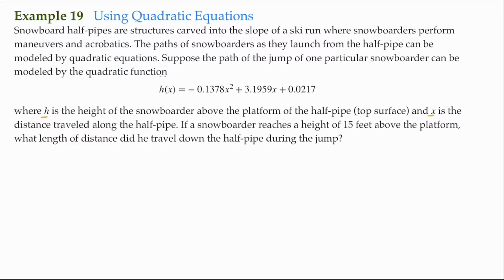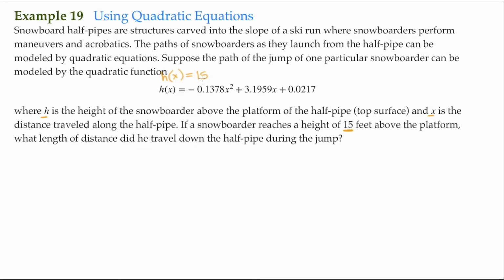So here we also have the height h of x is equal to 15 feet. At a certain length along the half pipe, that's x, his height is going to be 15 feet.